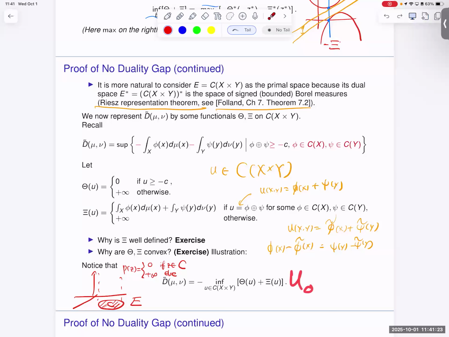But in our case, the value of this function is just constant. So a small change of U will not change this value. That means a small change of U will still satisfy this constraint. Okay. So we want to choose or identify or find such a function U0 in the product space.